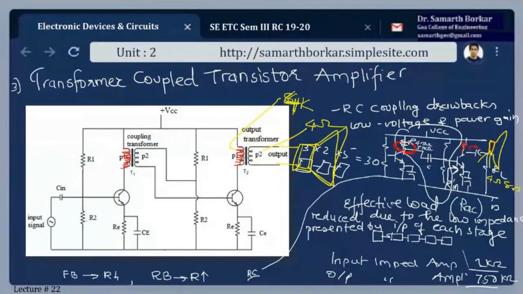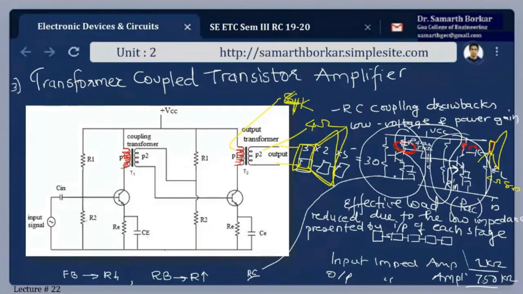Now, when I connect the two stages, this is stage one and this is stage two. This has a resistance of the order of 4.7k, and since the base emitter has to be forward biased, the resistance offered by this section is very low.